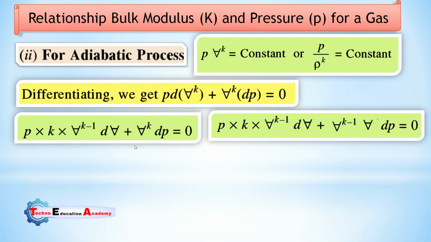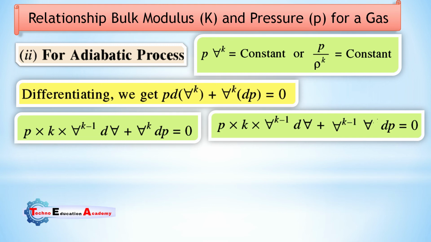We can also write this equation in this form. Our objective is to take out the common term V raised to K minus 1. So here we multiply with V and V raised to minus 1.